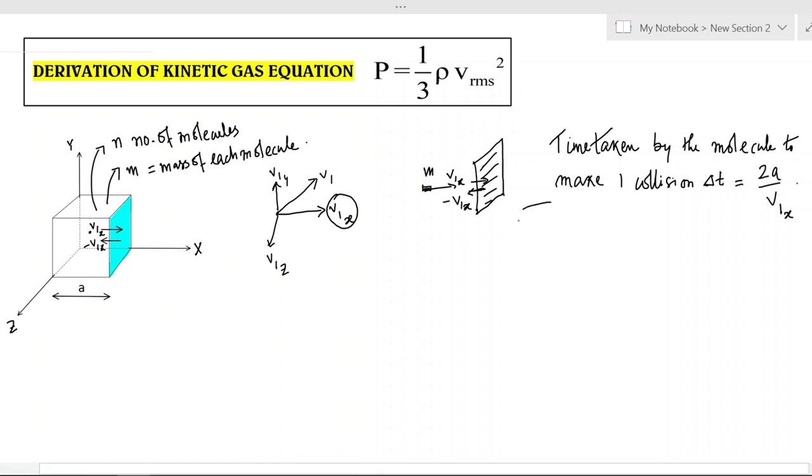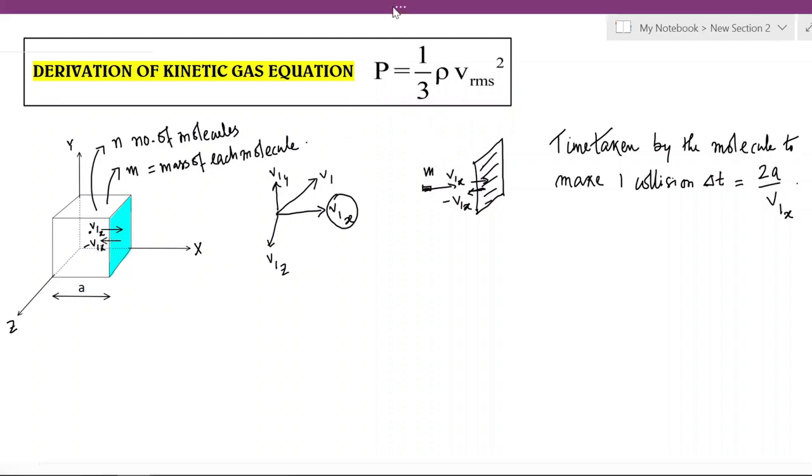Now how much is the change in momentum? In order to consider the change in momentum, we need to understand the initial and the final value of momentum. The moment the molecule is coming to collide towards the shaded wall, it was coming with a velocity plus v1x, right?